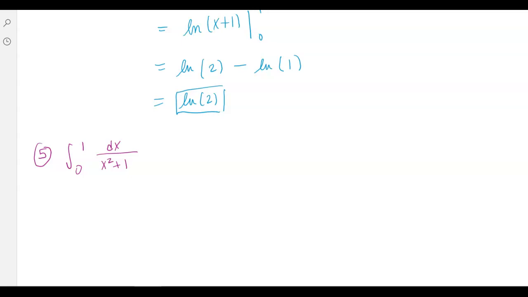So this is one of those formulas that we also learned a while back. Remember that the derivative of tangent inverse, this is one of the inverse trig functions, is equal to 1 over x squared plus 1. So our antiderivative here is going to be tangent inverse of x evaluated between 0 and 1.